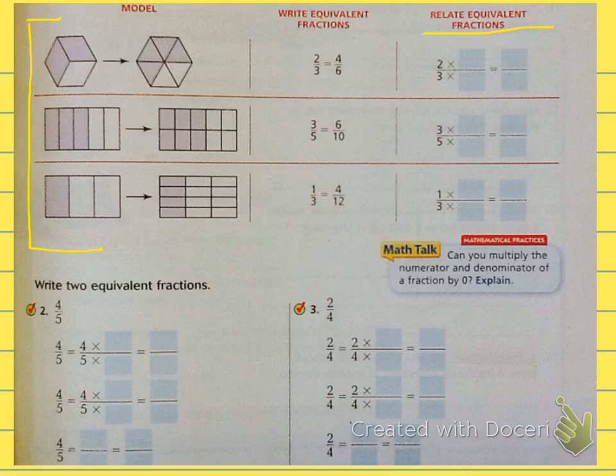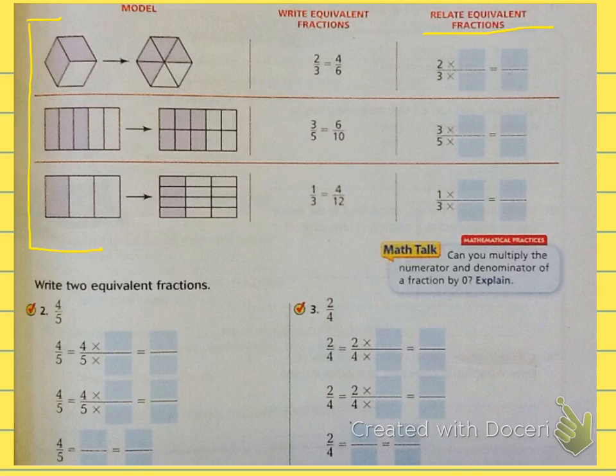In other words, what did you multiply the numerator and the denominator by to get that equivalent fraction? So you're going to do that for all 3 of these problems in number 1. And then you are going to create equivalent fractions of your own choosing in number 2 and in number 3.